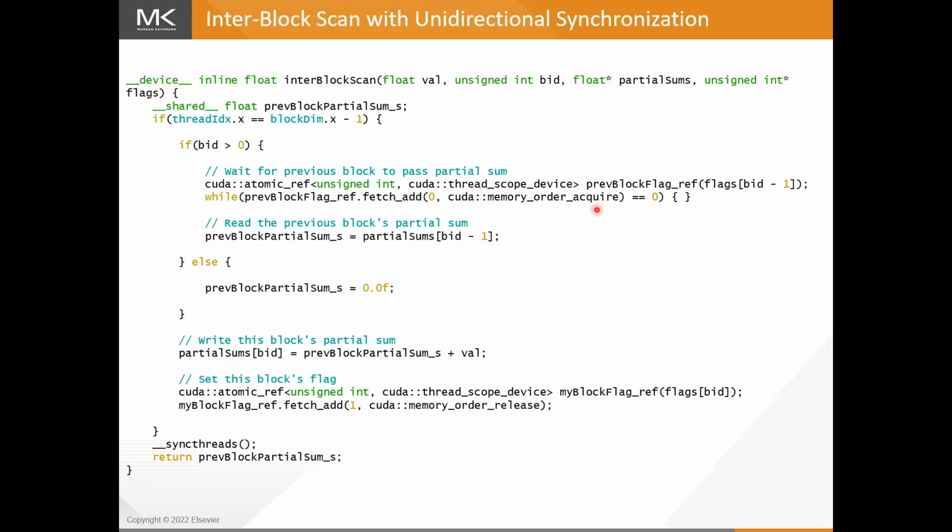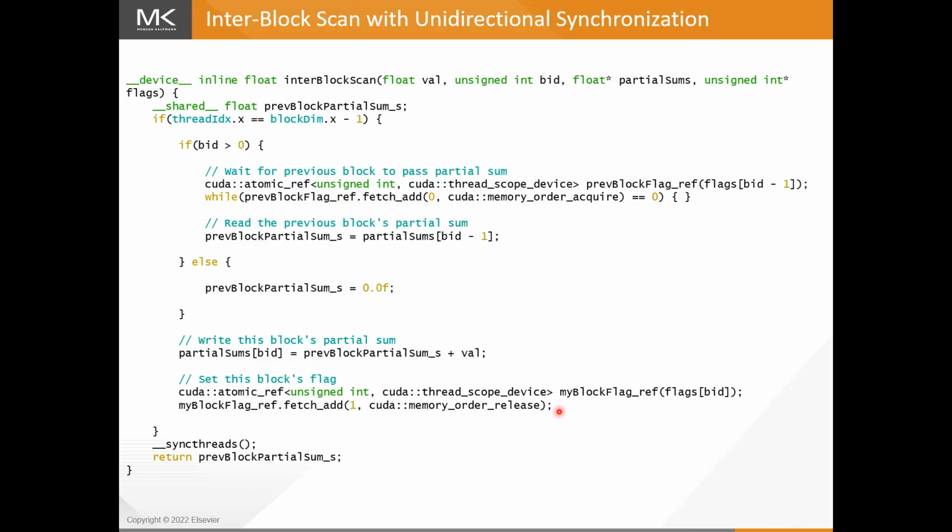Acquire semantics indicate that you must perform this atomic operation before performing subsequent memory operations. So the block must wait for the flag to be set before it can load the sum of the previous block. Down here, we're using release semantics, because the block is writing its sum to global memory and then setting a flag for the next block to pick it up.